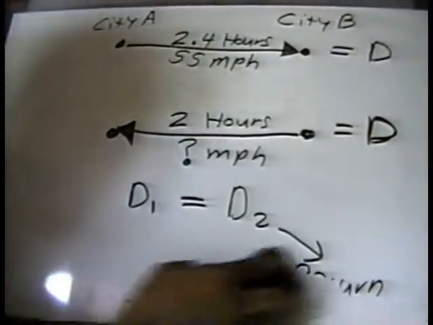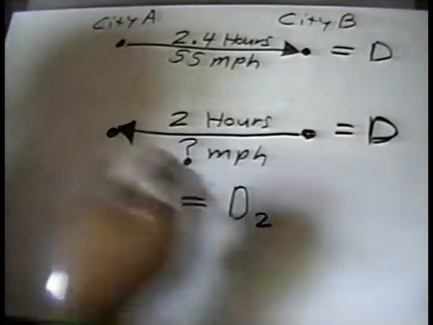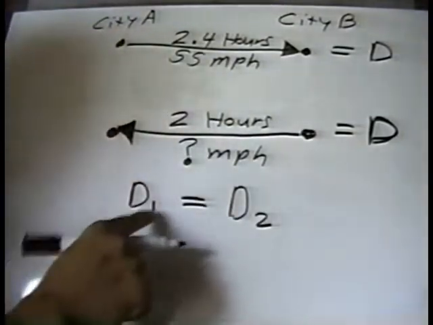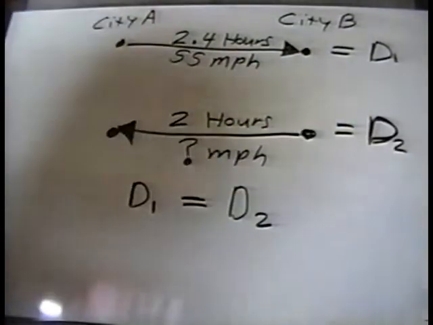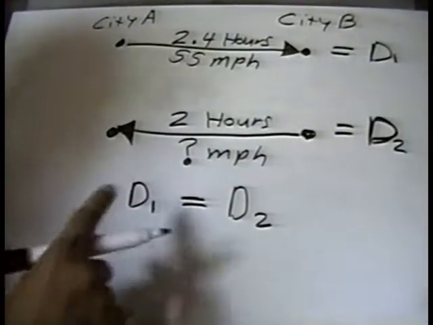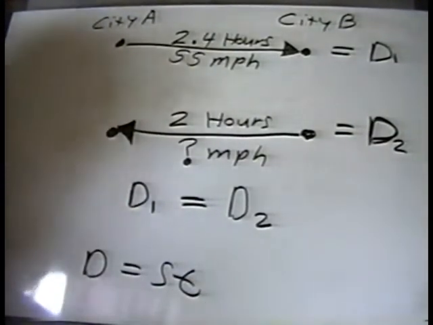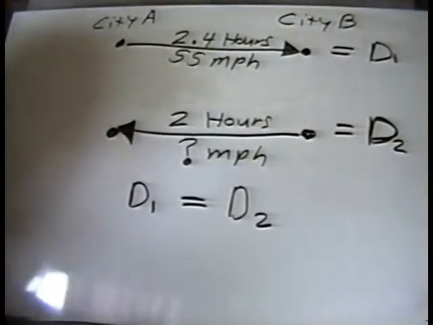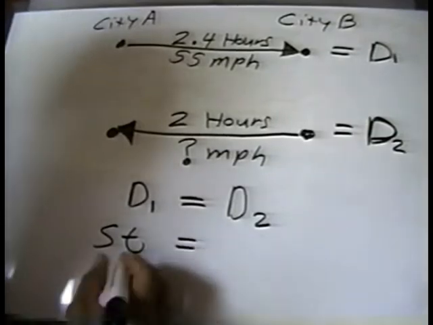And then D sub 2 represents the return trip. Now the distance between two cities, let's say if that was Milwaukee and Chicago, the distance between Milwaukee and Chicago was always the same. You see, we're using this fact. We're going to use this fact to find out what we're looking for.